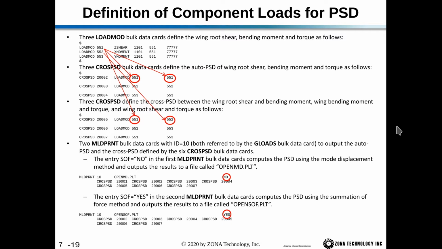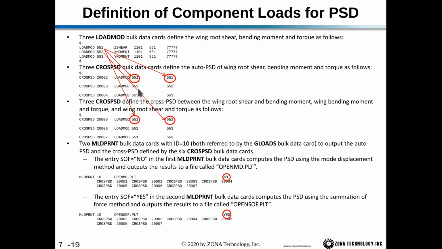Next, we'll look at our load mod cards. So we have 3 load mod cards to define the wing root shear, wing root bending, and wing root torque, which are shown here. The CROSPSD bulk data cards define the auto PSD. So this card refers to load mod 551 and 551, so that's the auto PSD for the wing root shear.